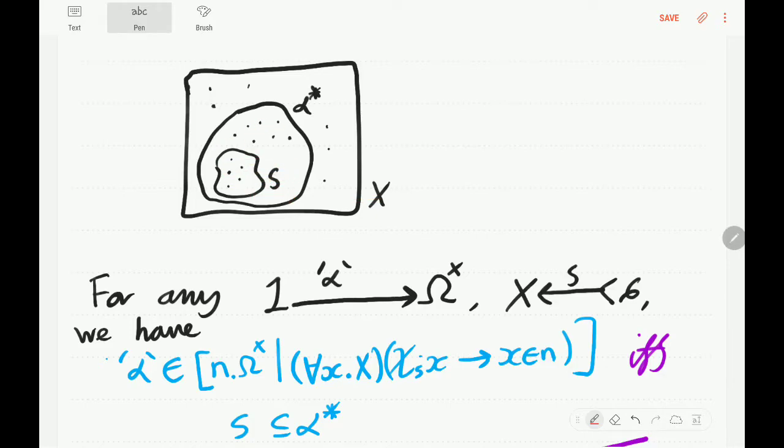So the problem is we have some subobject S of our object capital X, and what we want to do is to describe the collection of subobjects which contain S.